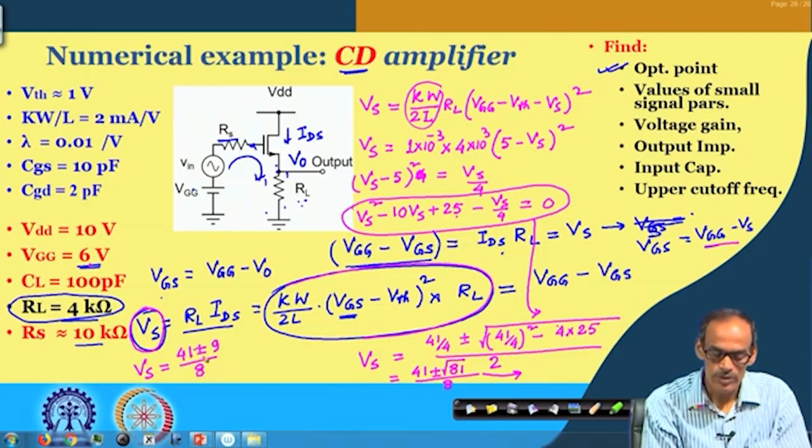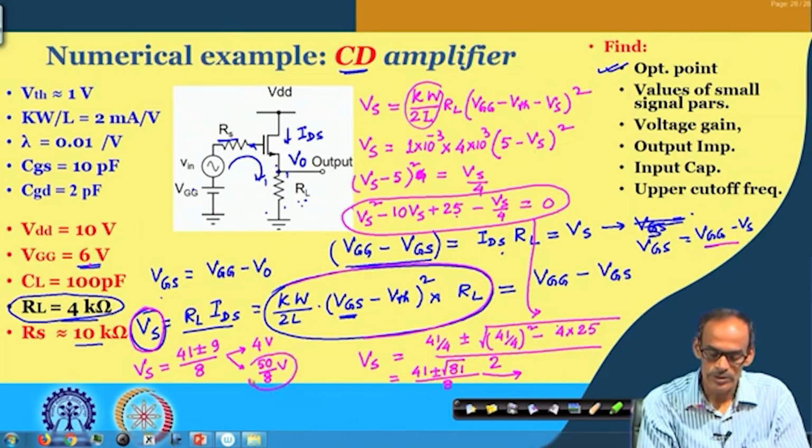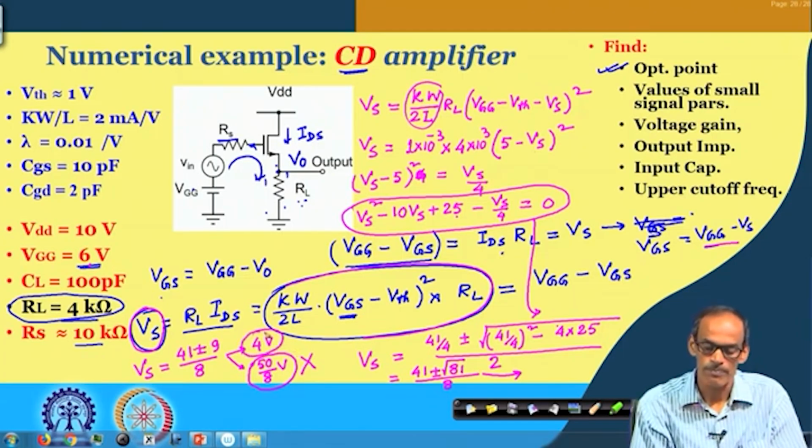One solution, if I consider minus, is 4 volt, and the other solution, if I consider plus, is 50 divided by 8. Now this is not possible, because the transistor enters into cutoff. So we are not considering this one; we need to consider this one.